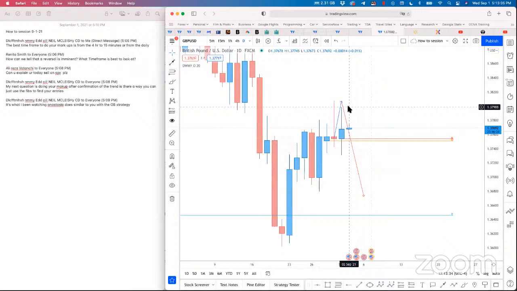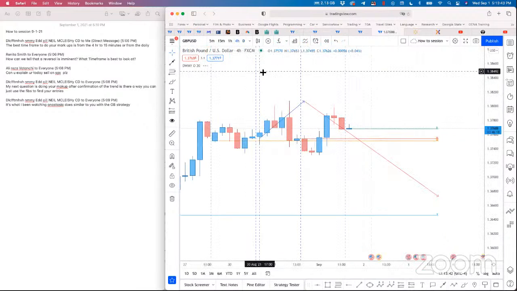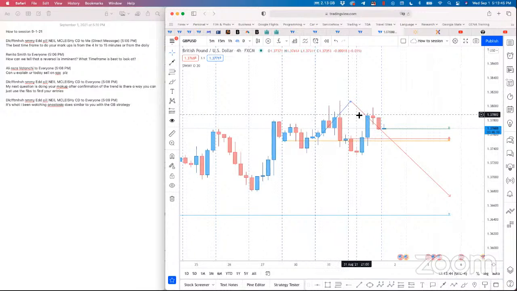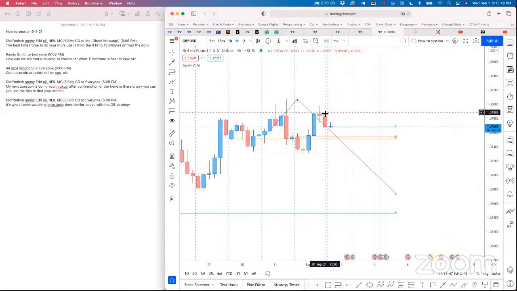I tried to get us in near this high, but I got us in a little too early and it was just playing around. We could have stayed in. We didn't really go much higher than our entry.